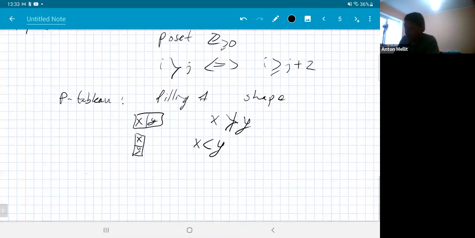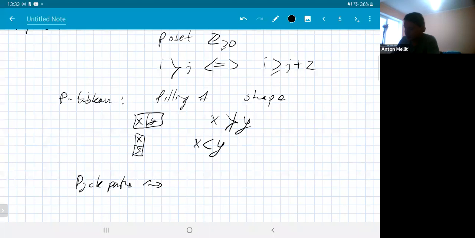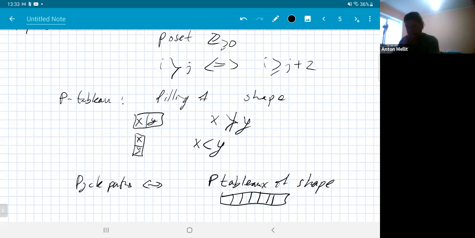And then Dyck paths are in bijection with P-tableaux of this shape.